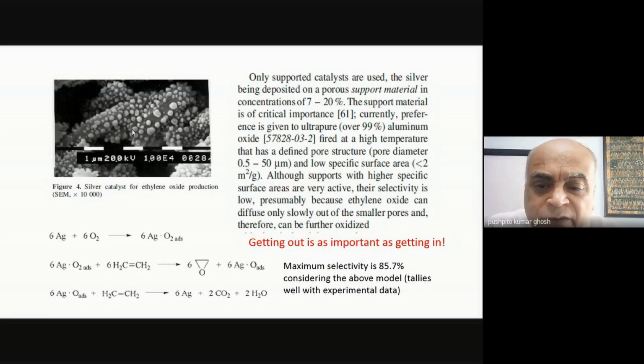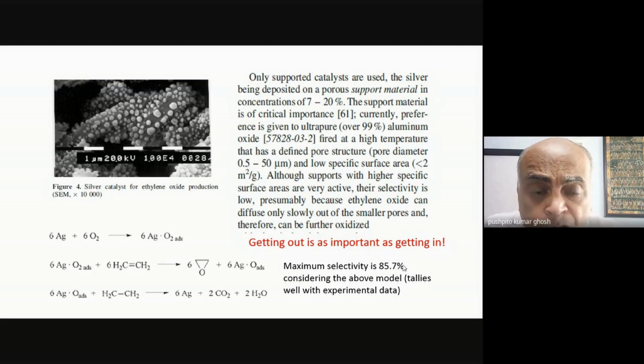What is also very interesting is that when they were doing this study, they found that no matter how well you do this, at least initially, they could never go beyond a selectivity of around 86%. That means only about 86% of the ethylene became ethylene oxide, and the rest of it, they found, is forming carbon dioxide.